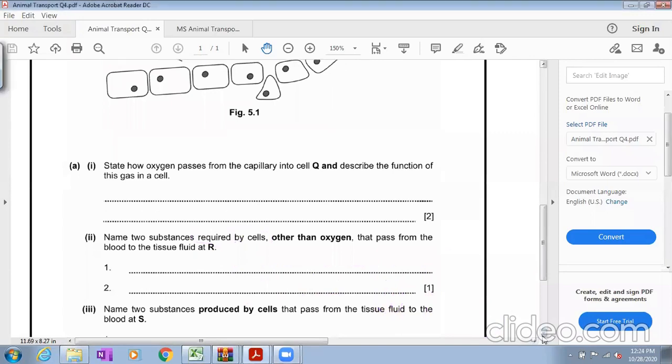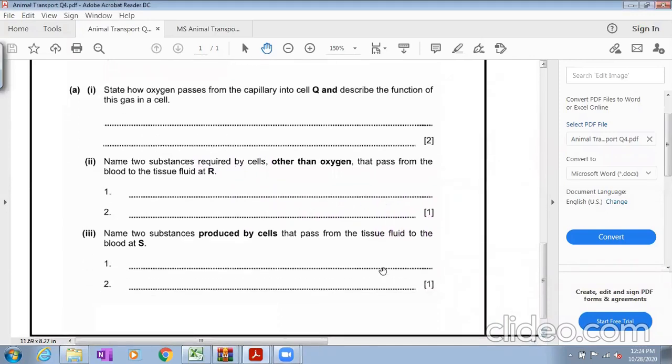Now, another one we have: name two substances produced by cell that pass from tissue fluid to blood. What substances are produced by the cell and are entering where? Let me repeat once again.